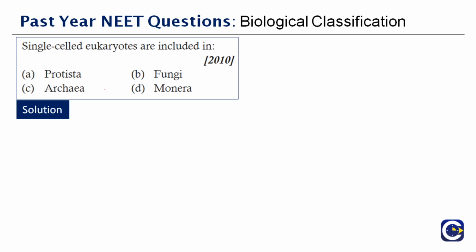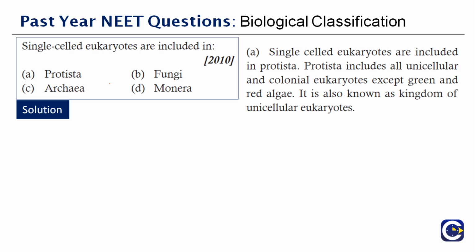This is one among the 5 kingdom classification which was given by R.H. Whittaker. So the correct answer to this question is protista. Protista includes all unicellular and colonial eukaryotes except the green and the red algae. So that alone will not come under this. Therefore, the correct answer is option A, protista.